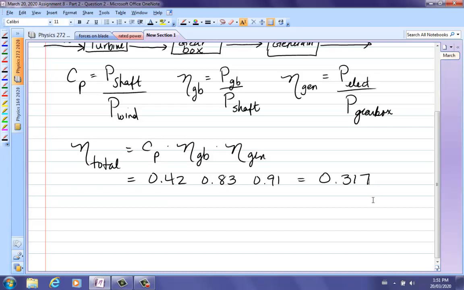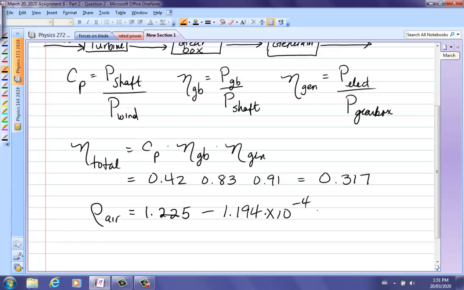Okay, now the next thing you'll notice is it tells you that this turbine operates in Nevada. So we have to calculate the density of air in Nevada. So the density of air is given by the linearized formula, 1.225 minus 1.194 times 10 to the negative 4 times z, where z is the elevation.